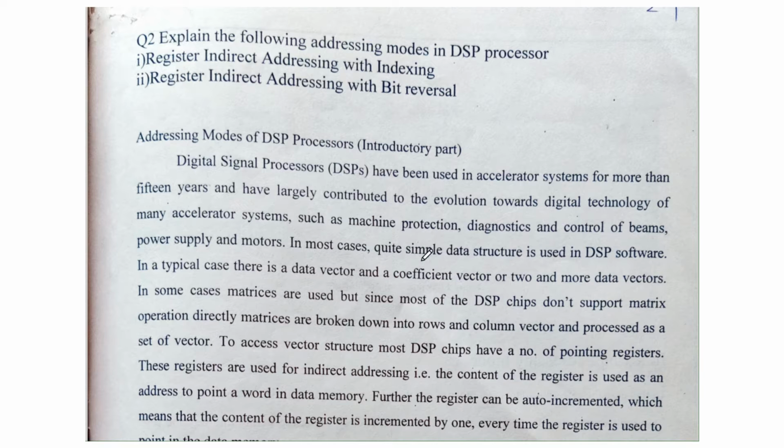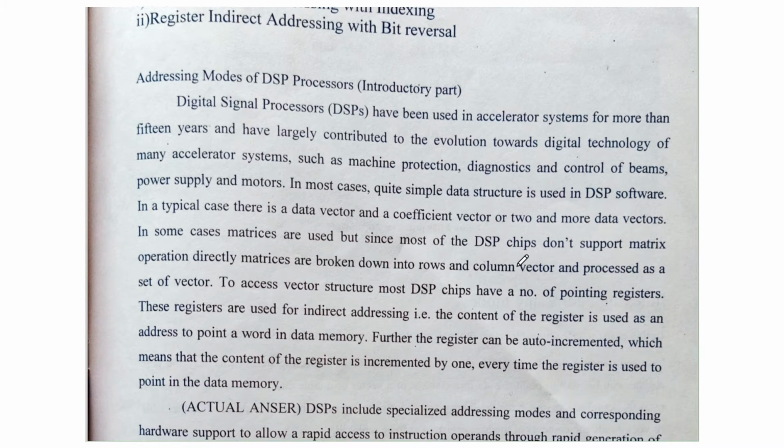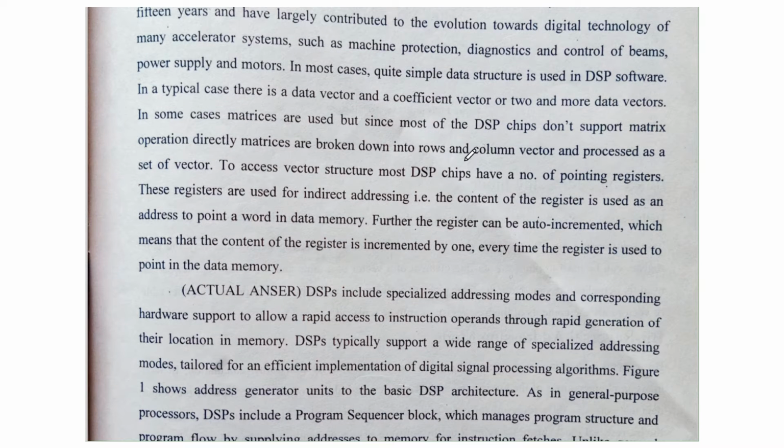In most cases, quite a simple data structure is used in DSP software. In typical cases, there is a data vector and a coefficient vector, or two or more data vectors. In some cases, matrices are used, but since most DSP chips don't support matrix operations directly, matrices are broken down into row and column vectors and processed as a set of vectors.